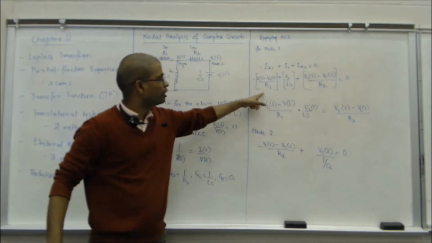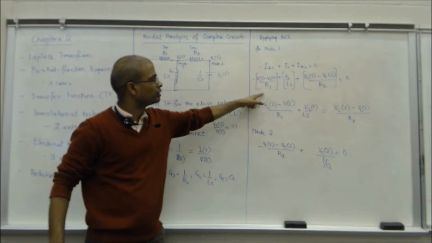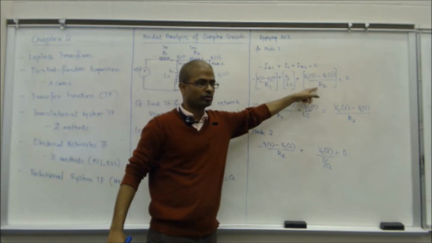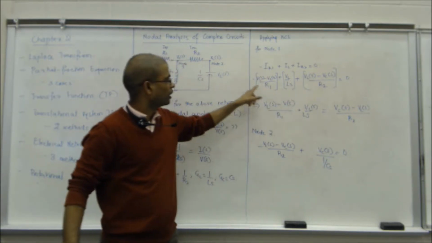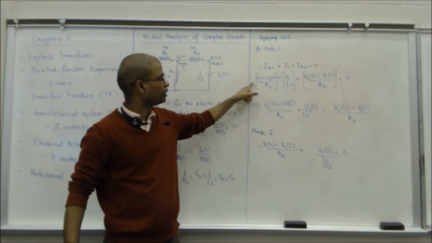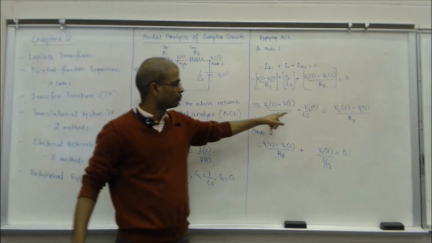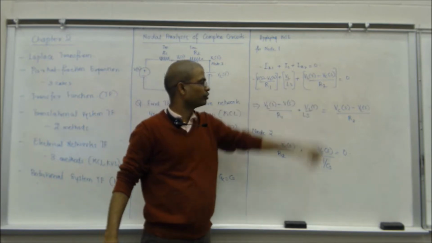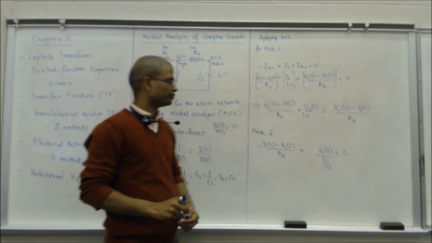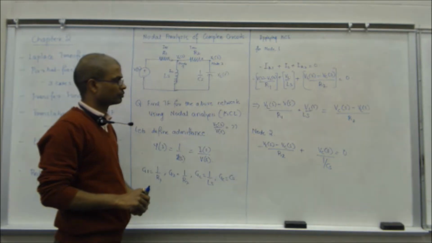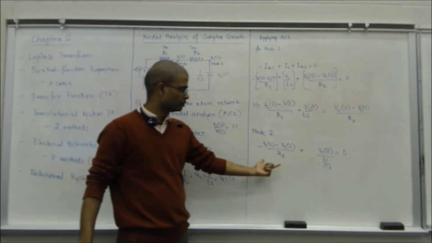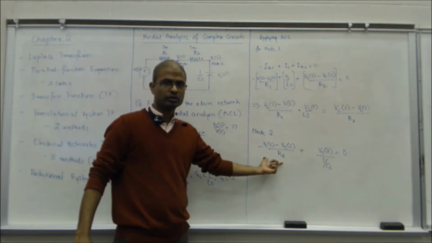Current flowing in is negative, current flowing out is positive. If I just include the negative sign, this is what you're going to get. Plus, this is going to remain as it is. We move that to the other side, and you have this for node 2. Node 2, is it clear?